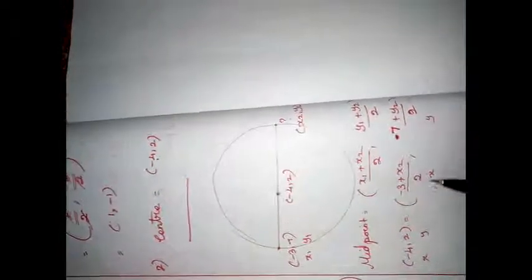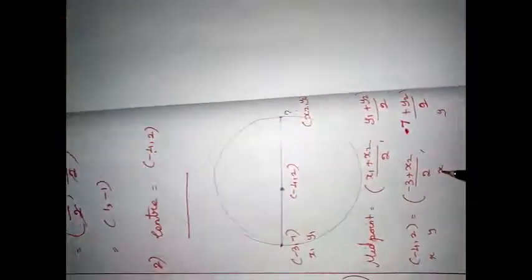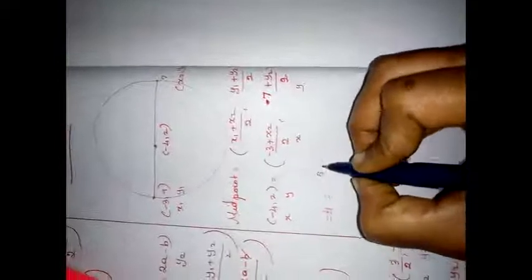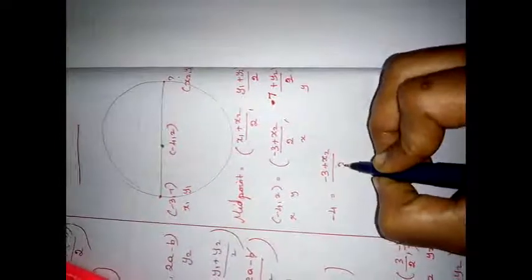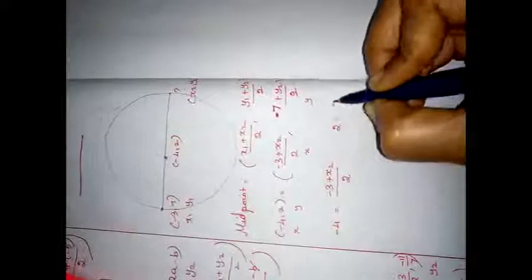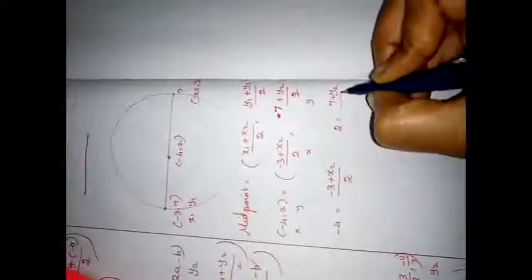This is the x-axis and y-axis. Both x-axis are equal. So -4 is equal to (-3 + x2) by 2. And here 2 is equal to (7 + y2) by 2.